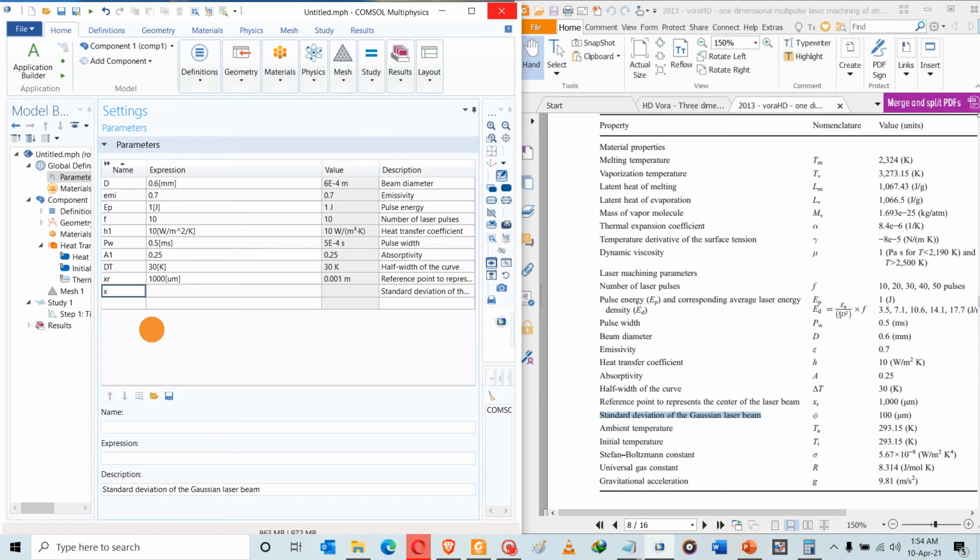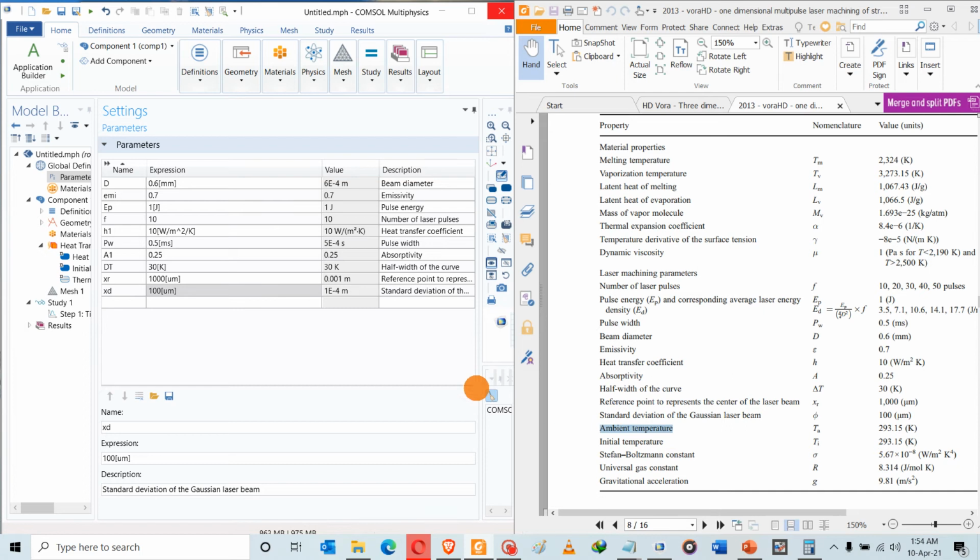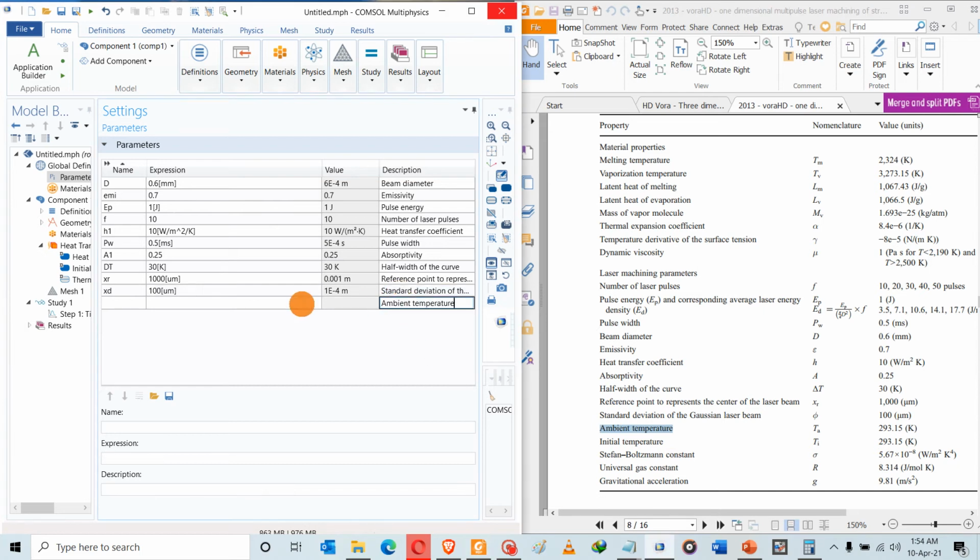I could call it CD if I want, or SD, but it is 100 micron. And then what else do I need here? I think I could take the ambient temperature, which is an initial condition, which is 293.15 Kelvin. So those are the laser parameters.